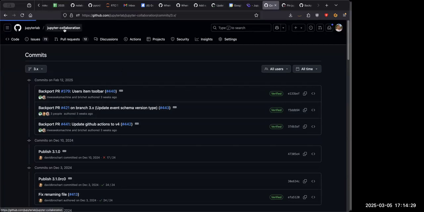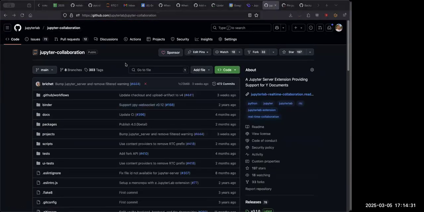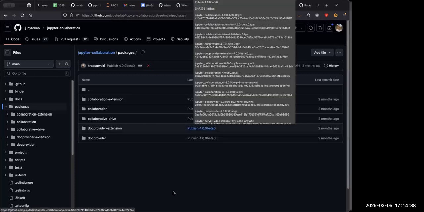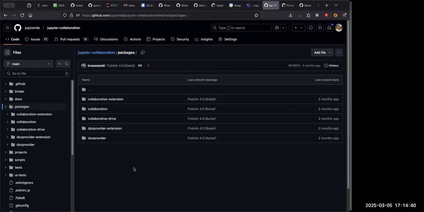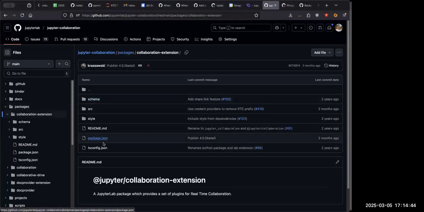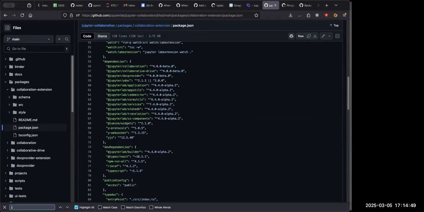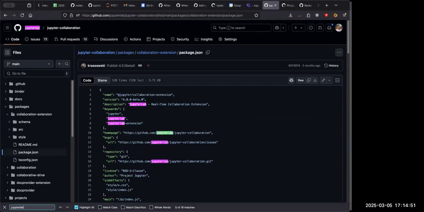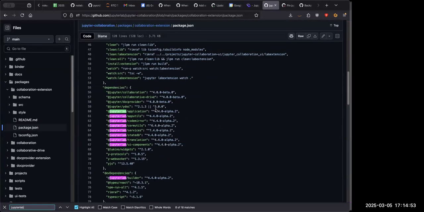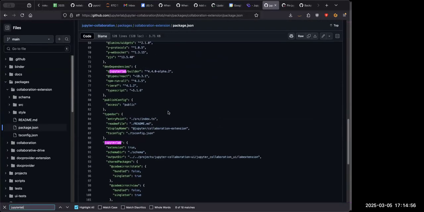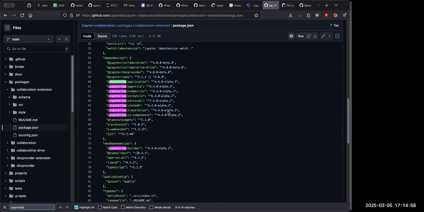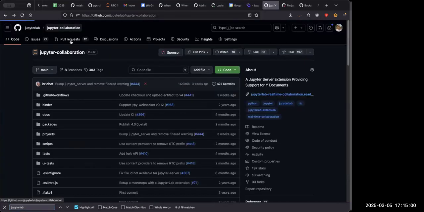So yes, I mean, we added that bound, right? Based on the addition of the contents API in the Jupyter collaboration. Yes, right. So, one second, please.